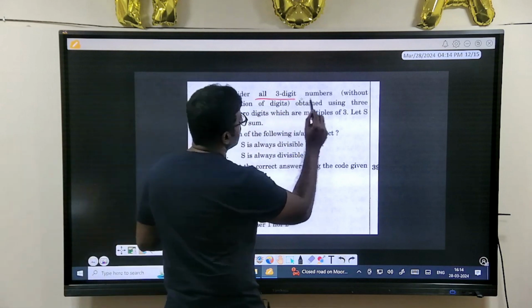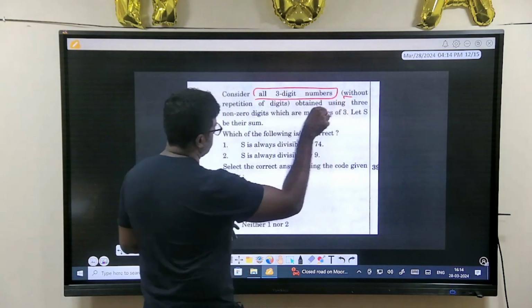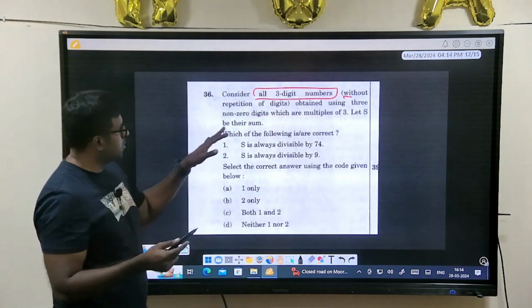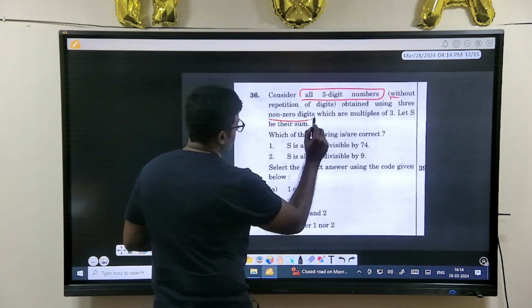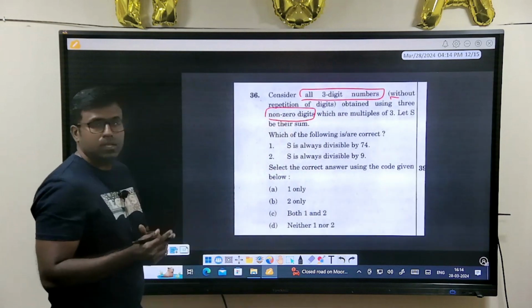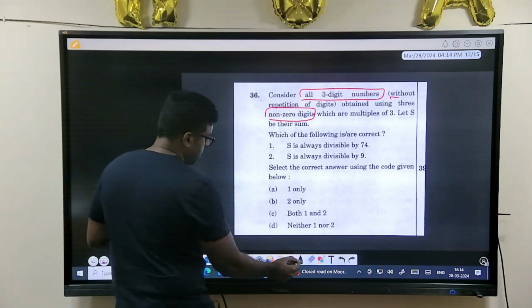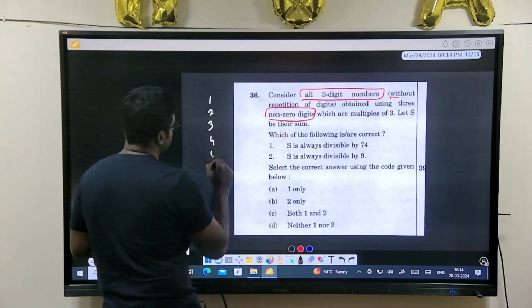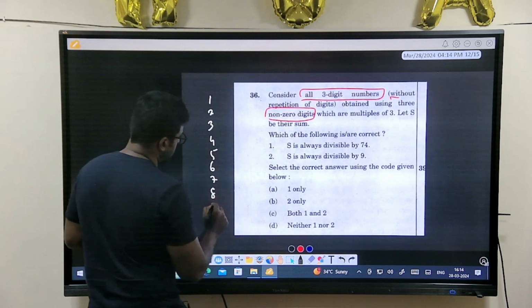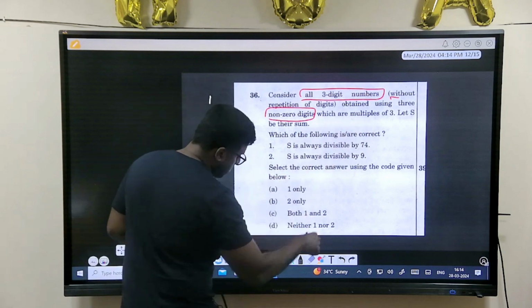Consider all 3-digit numbers without repetition, not with repetition, obtained using non-zero digits. Look at this. It's talking about the non-zero digits. Non-zero means very simple: 6, 7, 8, 9, which are multiples of 3.